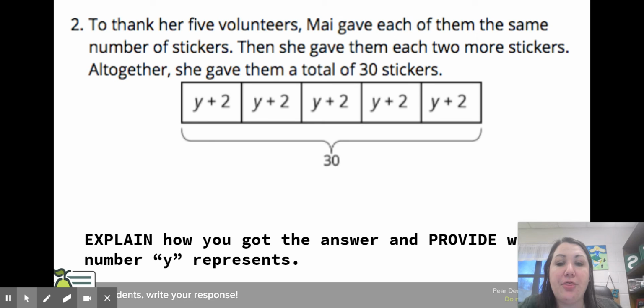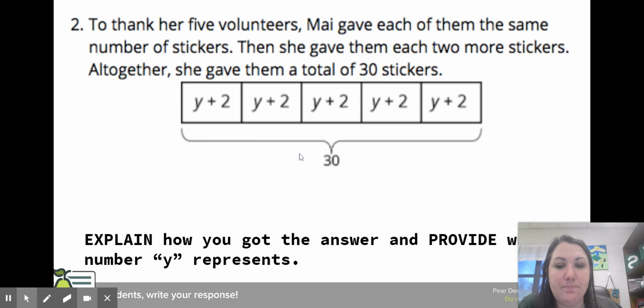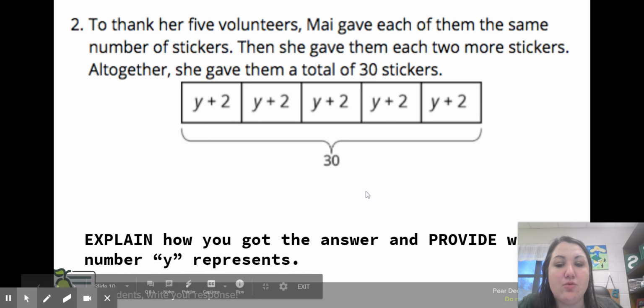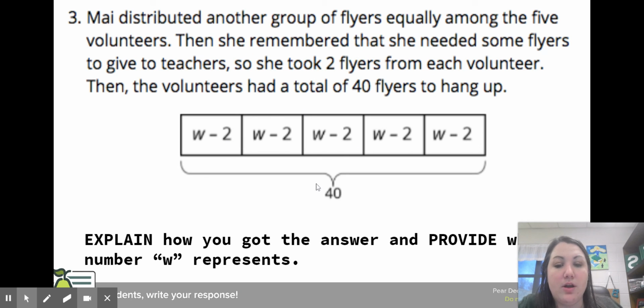Okay? You have 3 scenarios you will have to go through to solve and describe how the scenario ties to this problem. Remember, you're going to tell me what each piece represents, and then you're going to work through to solve it. For example, this one and this one look very similar to the one you did in activity 1, where you created the numbers and also pointed out what you noticed and wondered.